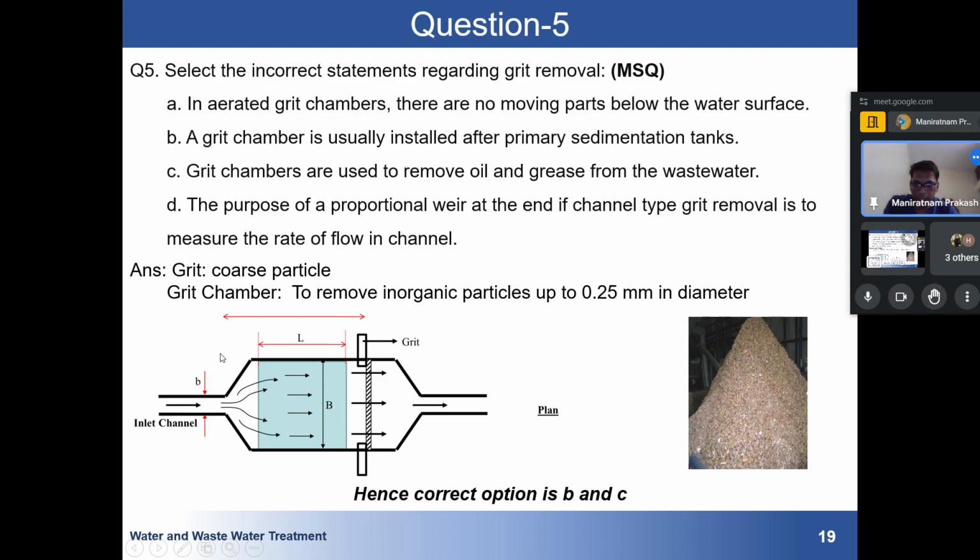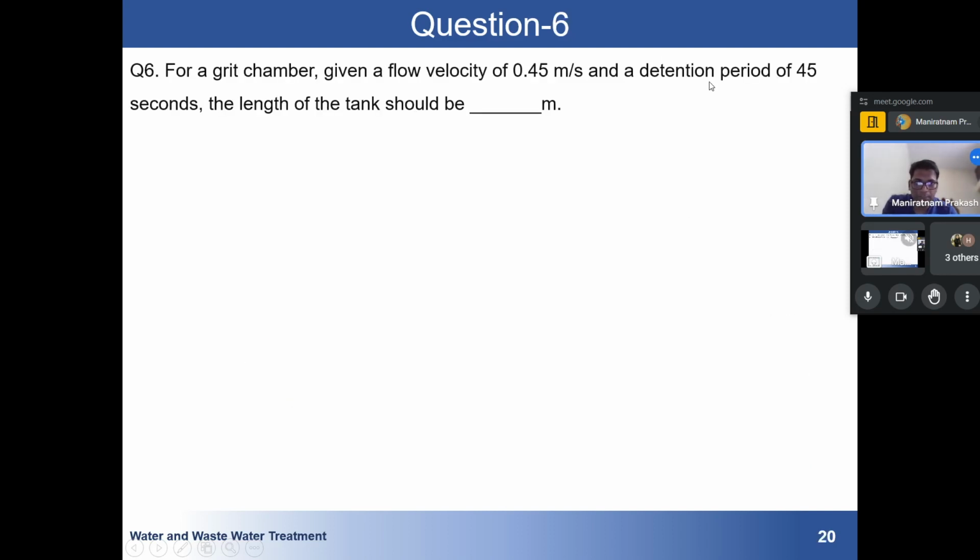Use this diagram. This is the length. Water is going from here to there. Obviously, water will stay here for some time, then it will go to the next treatment unit. So, based on this concept, please solve this question. I am giving you 2 minutes, and you can write your answer in the chat box.